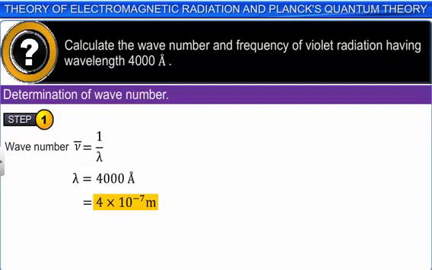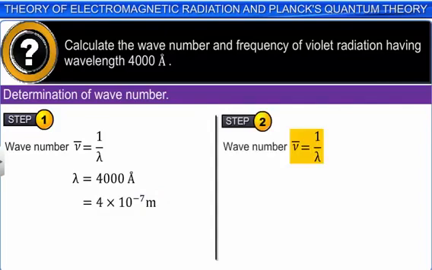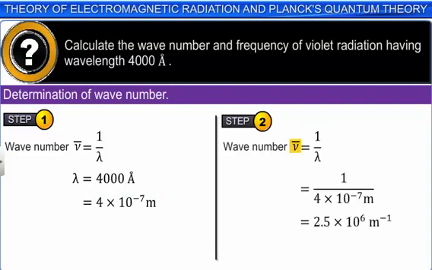The second step involves substituting the value of lambda in this equation. On solving, we get nu bar is equal to 2.5 multiplied by 10 raised to the power of 6 per meter, or 2.5 multiplied by 10 raised to the power of 4 per centimeter.